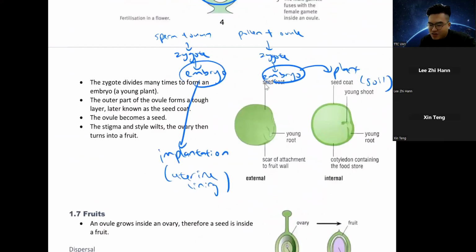Okay, same thing happen. So after fertilization, for humans you have zygote, embryo, then implantation, baby. Zygote, embryo, plant into the soil, you have a baby tree. So you see, very, very similar.